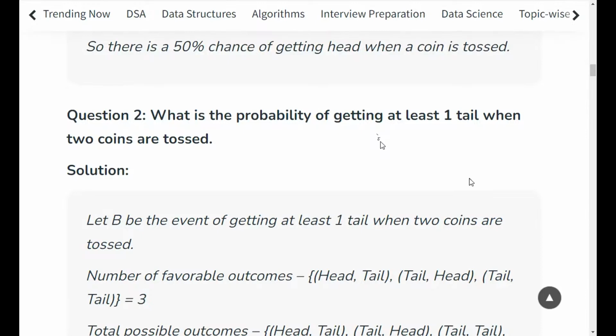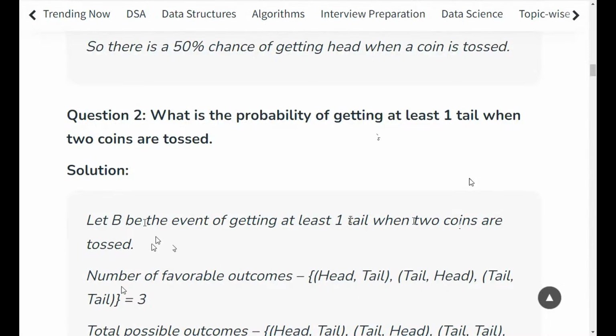So how many options do you have in total? 4 options. The total number of outcomes will be 4. Let A be the event of getting at least one tail when 2 coins are tossed. One of them will be tail. We are considering 3 by 4.